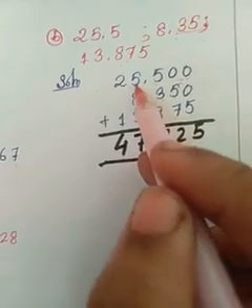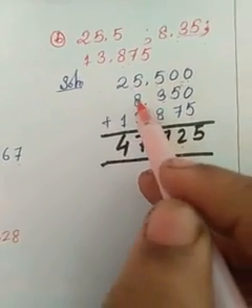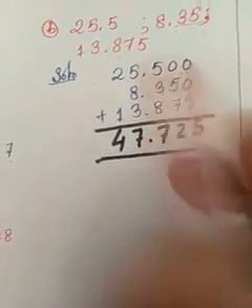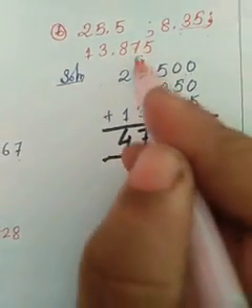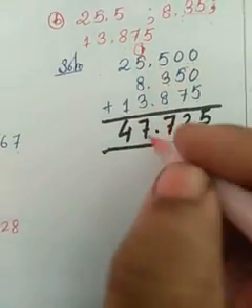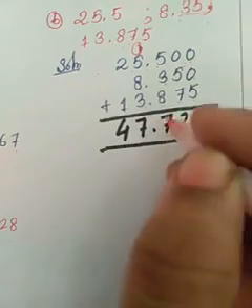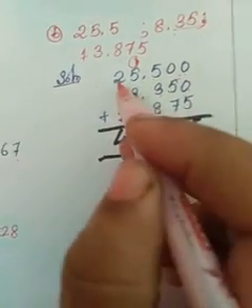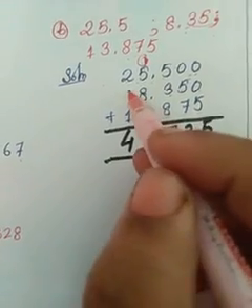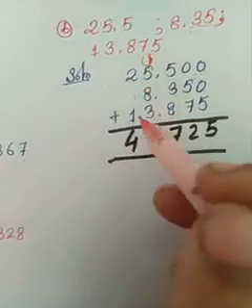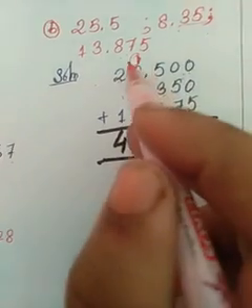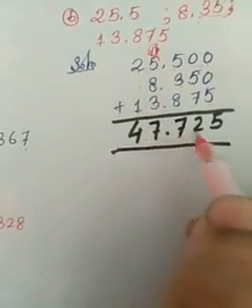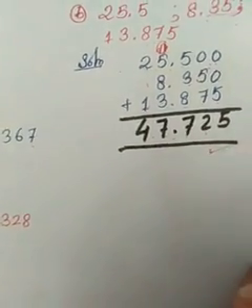Now 5 plus 8 is 13, 13 plus 3 is 16, plus the 1 we have carried is 17, so 7 is there and 1 will be carried forward. For the 2, there are no digits, and no need to give 0. If you are confused, you can also give a 0: 0 plus 1 is 1, 1 plus 1 is 2, 2 plus 1 is 3, 3 plus 1 is 4. So 47.725. This is our sum.